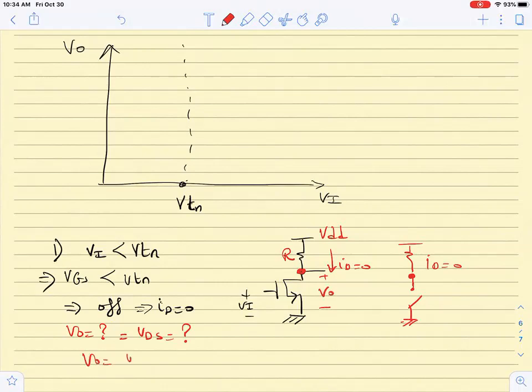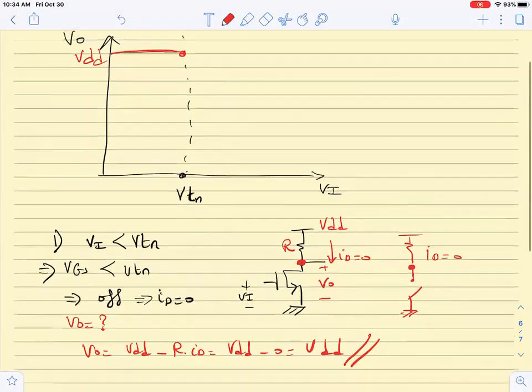So V out is equal to VDD minus R times ID, which is VDD minus 0, which is VDD. So I already determined that if Vn is below Vtn, my output is going to be equal to VDD. The output starts at a high voltage.